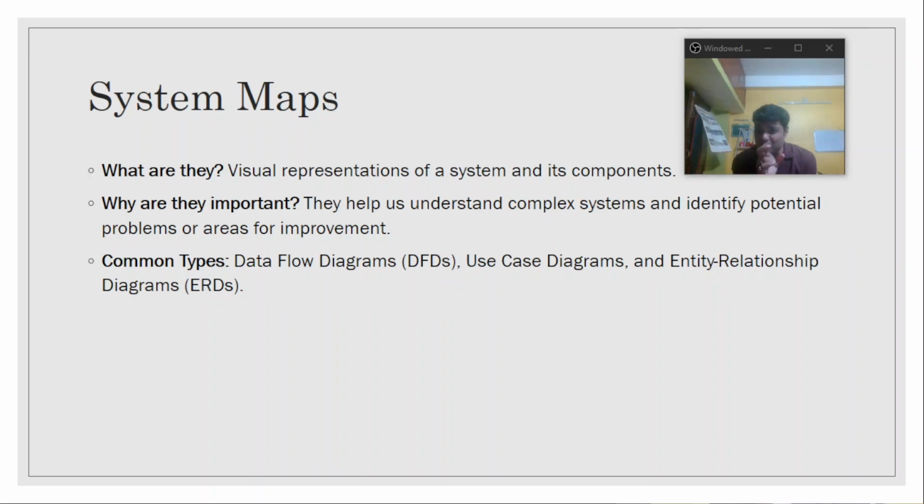These rooms or sectors are called components in a system. So a visual representation of a system and its components is called a system map. Why are they important? They help us understand complex systems and identify potential problems or areas for improvement.